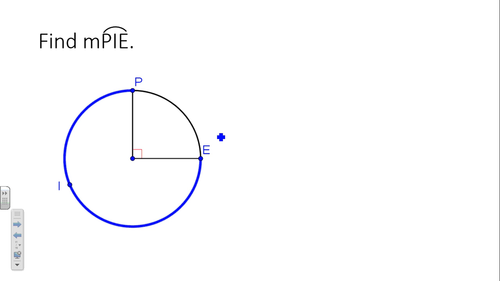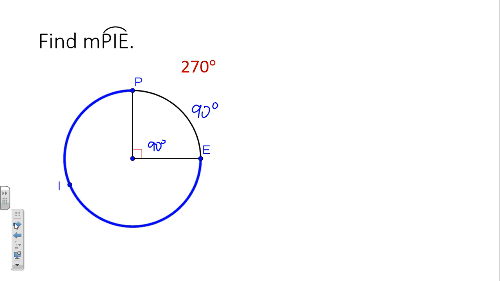Is this a major or a semicircle? Major arc, okay? So what will the measure of this arc be? 270. Why is it 270, Jaden? Good. So if that's a 90-degree central angle, we have a 90-degree arc. The whole circle is 360. 360 minus 90 gives us a 270-degree arc.